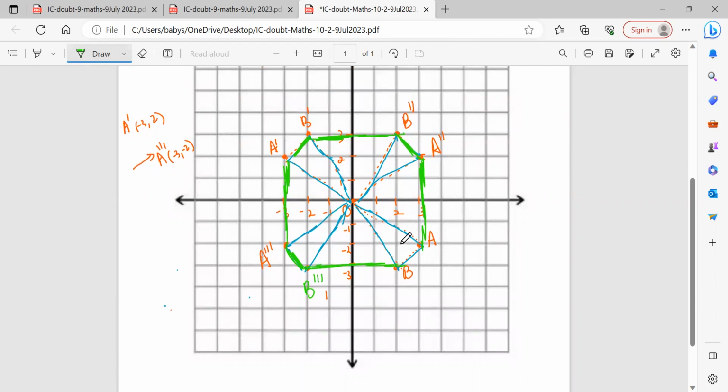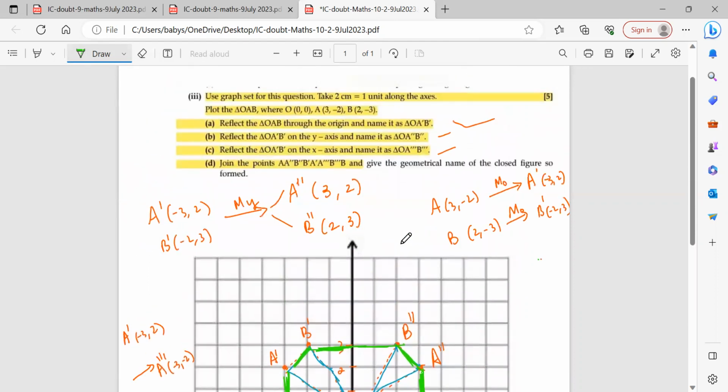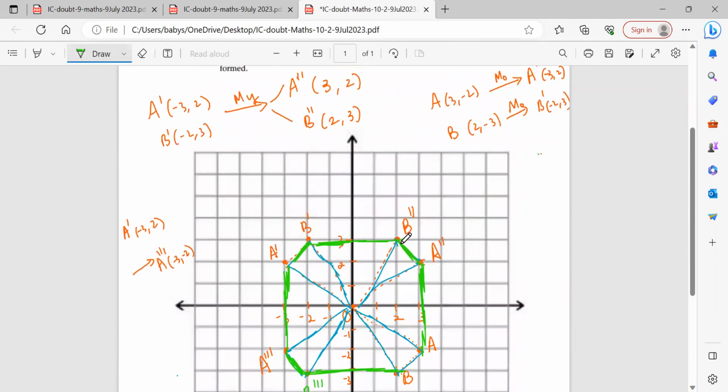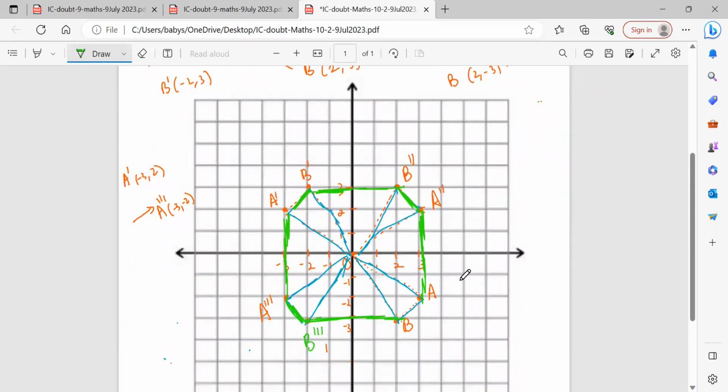And of course, from B it has to be A, because if you're joining back to A, you get a closed figure. See here, let me mark 1, 2, 3, 4, 5, 6, 7, and 8. Again, it's an octagon, isn't it?